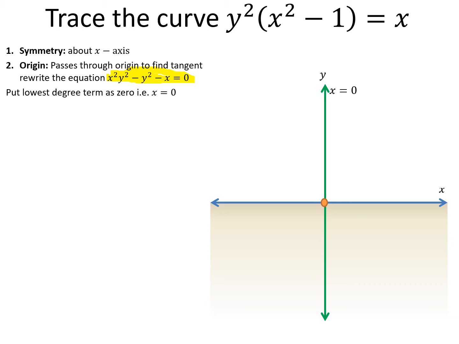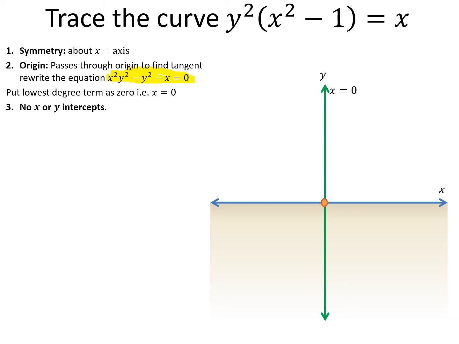Okay, now come to the third rule, that is intersection with the coordinate axes, the x-axis or y-axis. We can see there is no intersection with the x-axis or y-axis other than this 0, 0 point, because to find the intersection with the x-axis, we have to put y equal to 0. If we put y equal to 0, we will get x equal to 0 only.